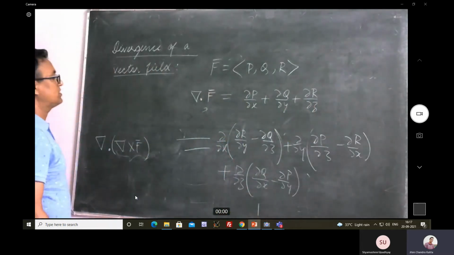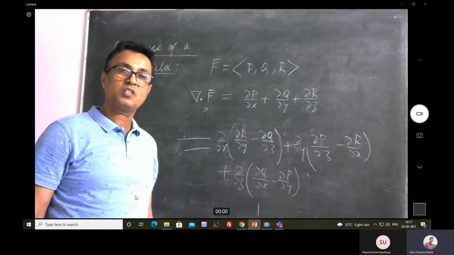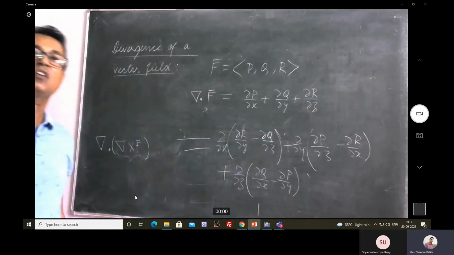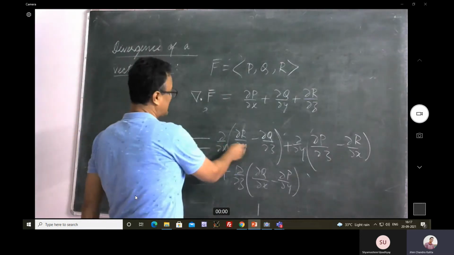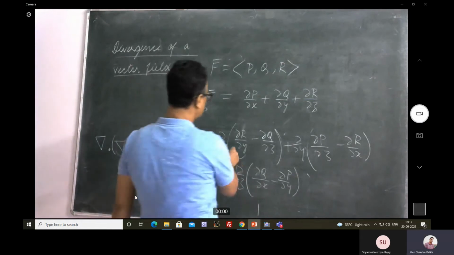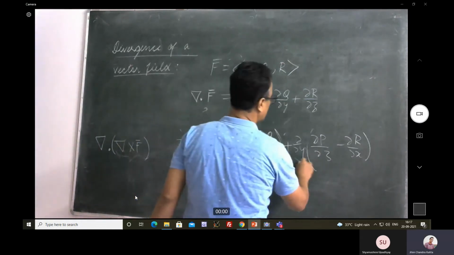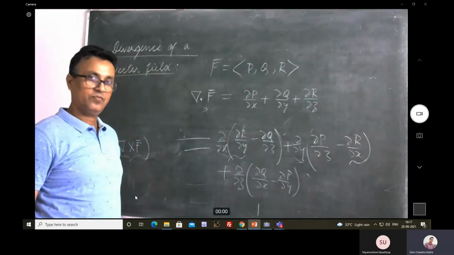Now, if we assume that P, Q, R possess second order continuous partial derivatives in the domain of definition of the function F, then you will see that this term, where is R? It is going to be negated with this one, and so on. Is it okay?